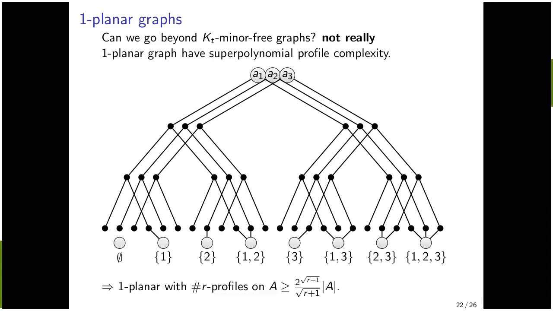So the vertices in A are a stable set. They are the roots of all these complete binary trees. Each of these binary trees has 2 to the square root r leaves. And so we can index them by subsets of {1, 2, 3, ..., square root r}.